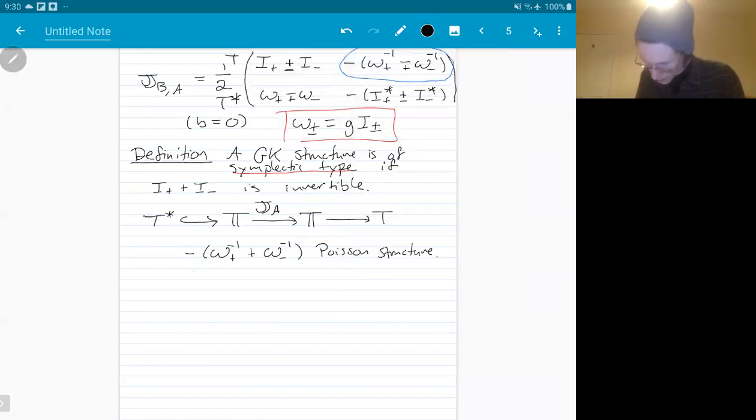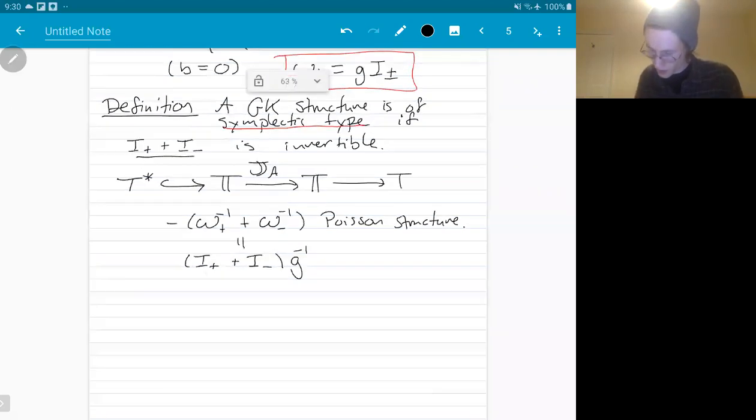What we get is that it's equal to I plus I minus times G inverse. So the fact that I plus I minus is invertible is equivalent to the condition that this Poisson structure here is invertible.